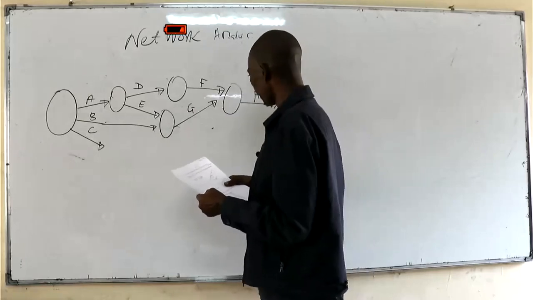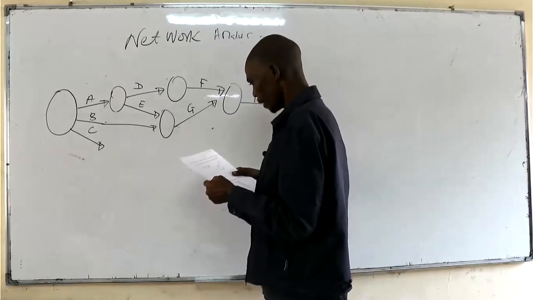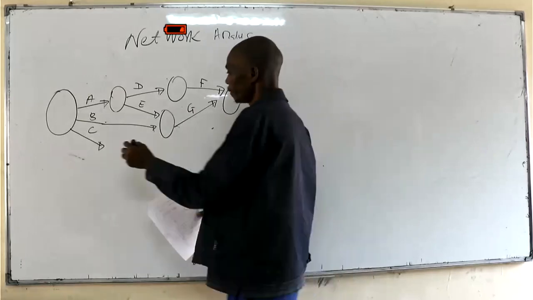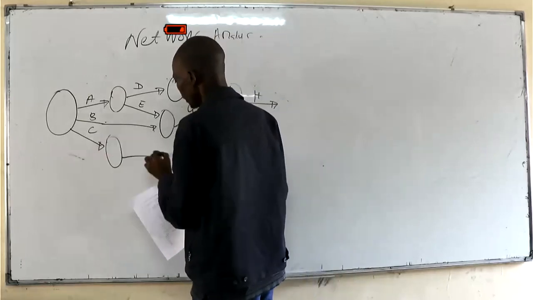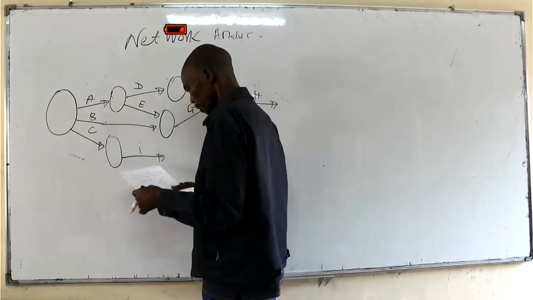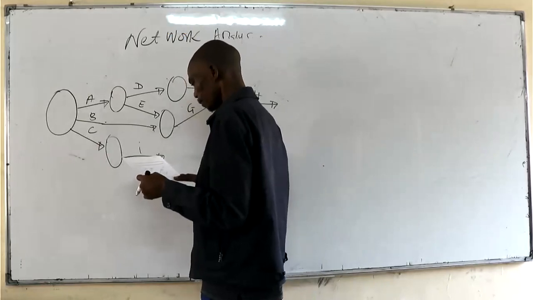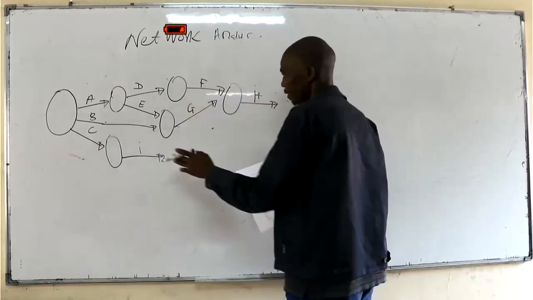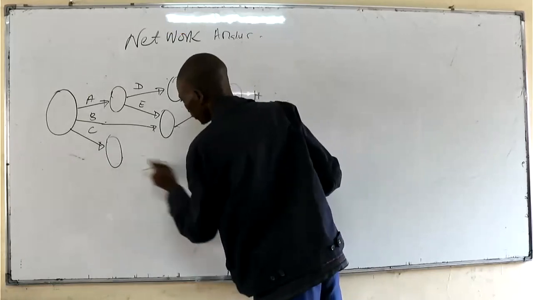Then down there we say for I to start, C must end. So again, for us to start I, E must end. And then for us to start J, I and H must end. So you can see here again, this is I, so we can extend this.